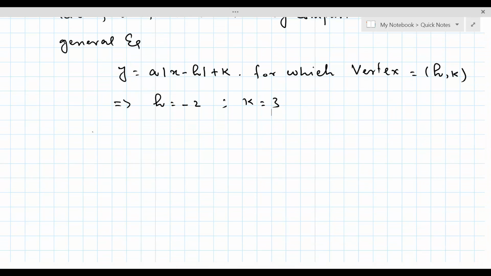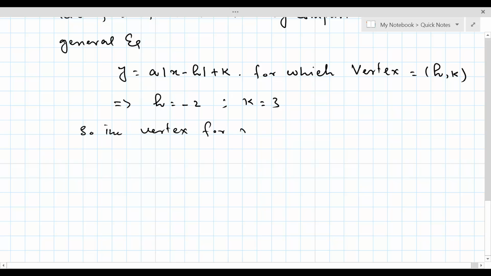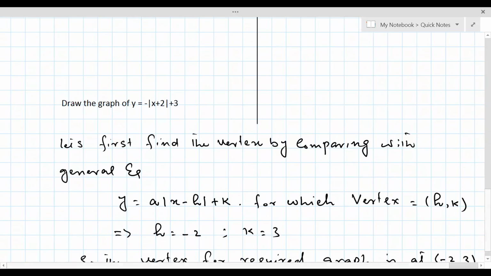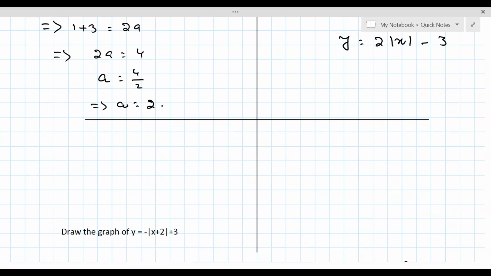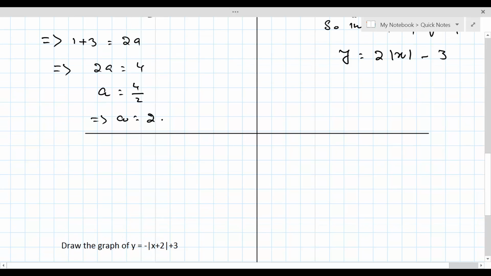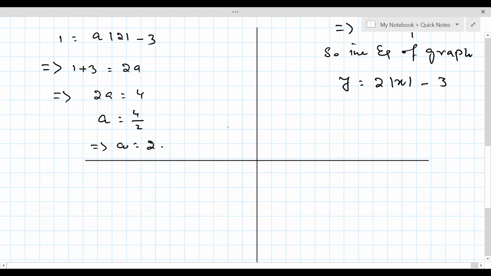So the vertex for the required graph is at (-2, 3). Using the same grid, minus 2 and 3, 1, 2, 3. This is the point where the vertex is. So V is (-2, 3).